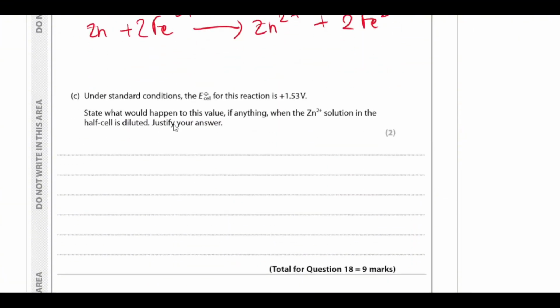The next question: under standard conditions, what would happen to this value, if anything, when the Zn2 plus solution in the half cell is diluted? All right. If it's more diluted, the concentration is going to decrease.